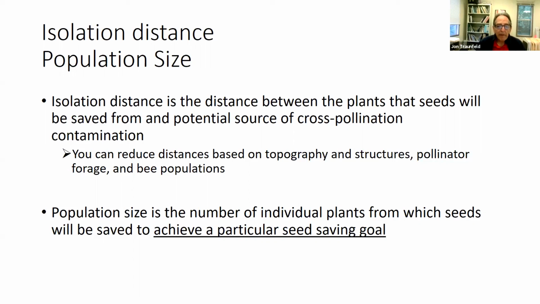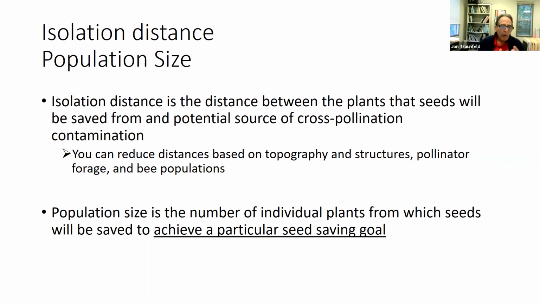We'll talk about these distances a little bit. They're not carved in stone, and you'll see quite a bit of difference between different resources. Even within the Seed Savers Exchange, there are slight differences in the recommended isolation distances between plants.